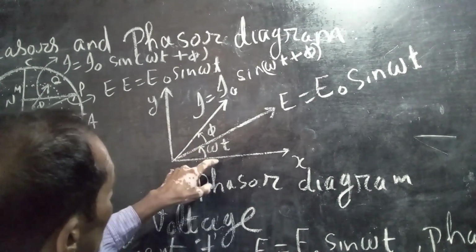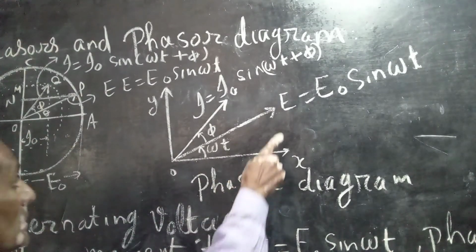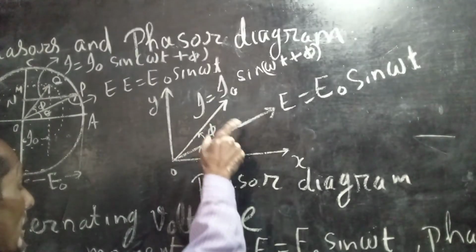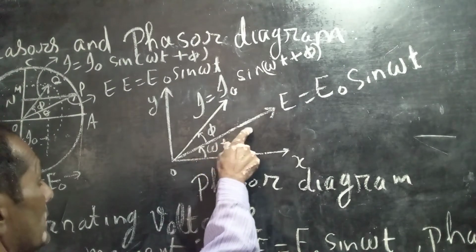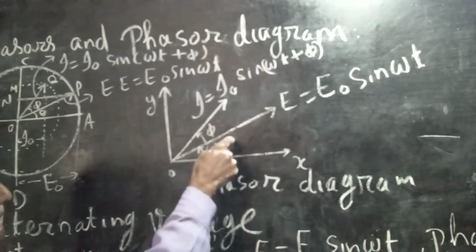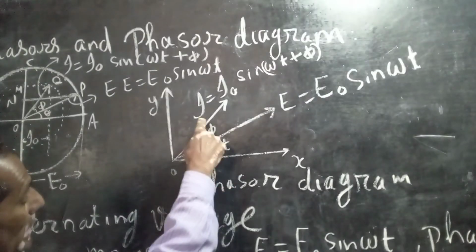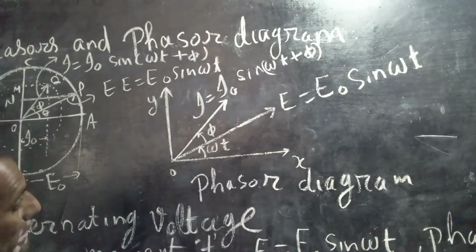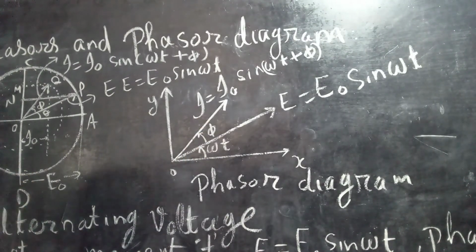Alternating voltage and alternating current are represented by vectors with phase angles omega t and omega t plus phi. This diagram is known as a phasor diagram. What is a phasor diagram? A diagram of alternating voltage and current, or any phasors, with phase is known as a phasor diagram.